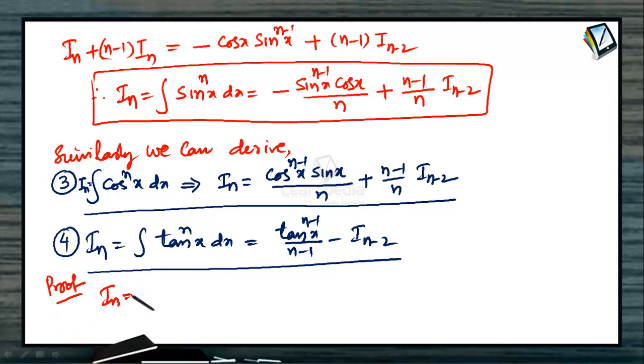Given I_n equals the integral of tan^n x dx, it can be written as the integral of tan^(n-2)x into tan squared x dx. Therefore this I_n can be written as the integral of tan^(n-2)x into tan squared x, which I can write as (secant squared x minus 1) dx.